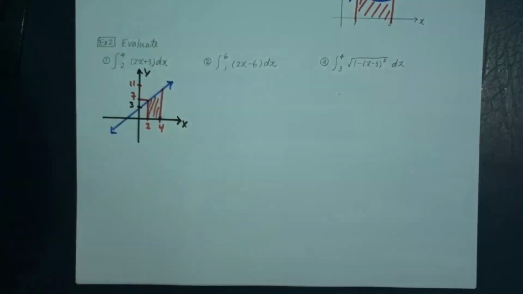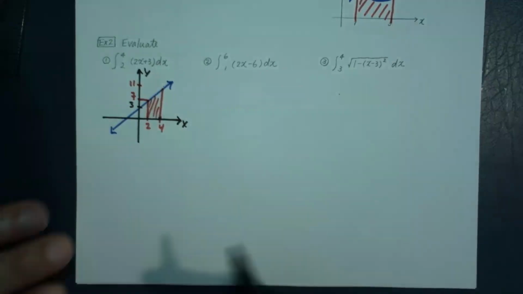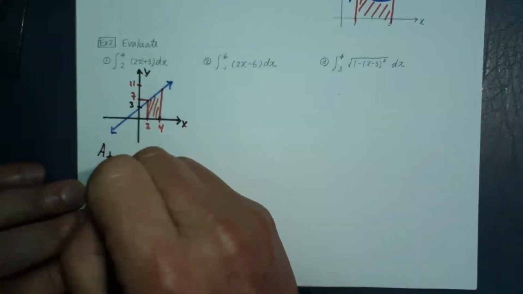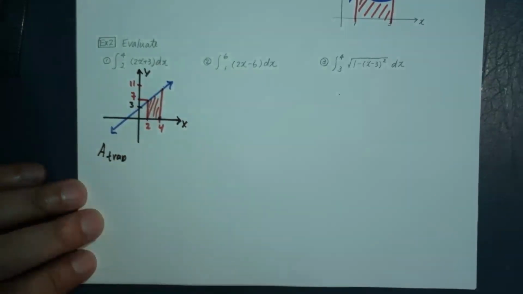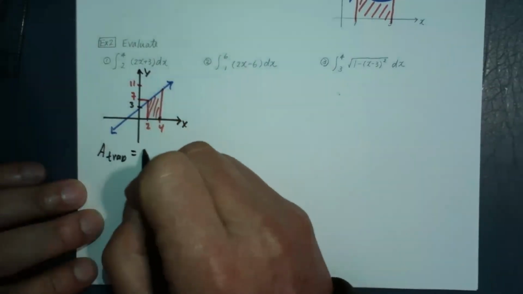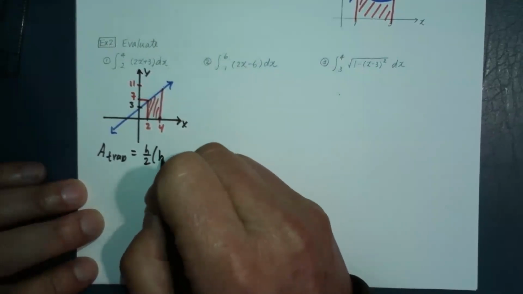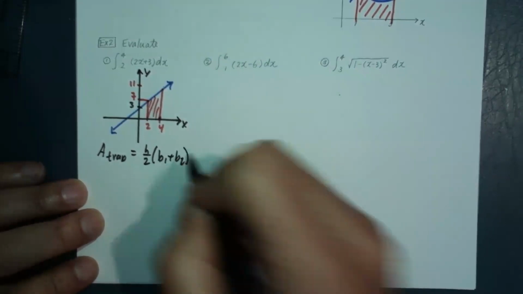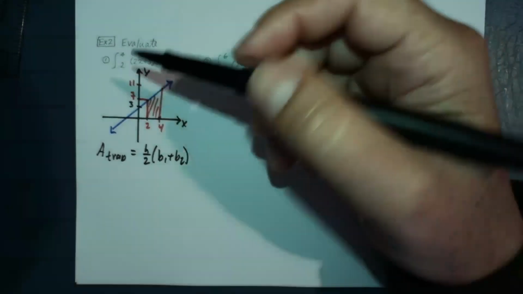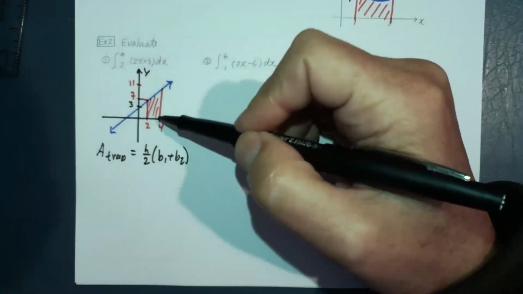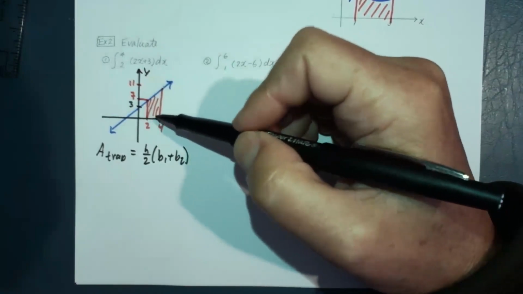Now, this shape is called a trapezoid. And the area of a trapezoid is h over 2 times b sub 1 plus b sub 2. Now let's orient this. Our two bases are here and here, and our height is this distance here.